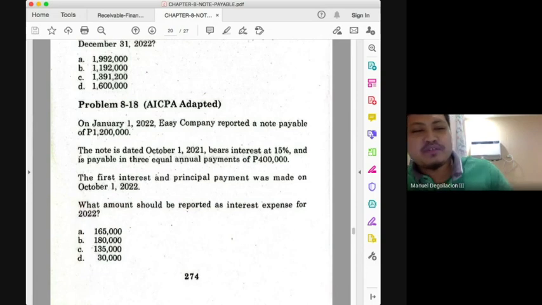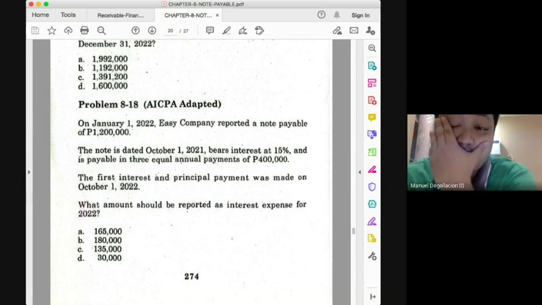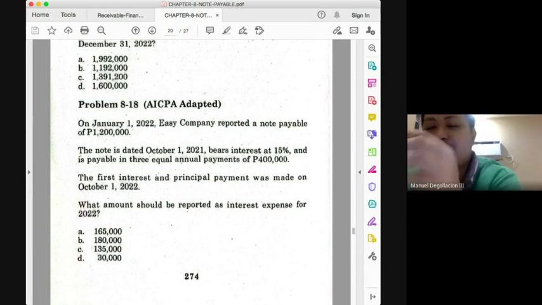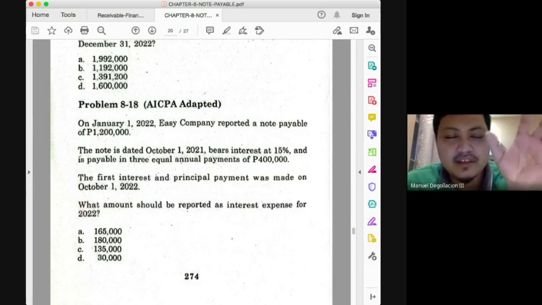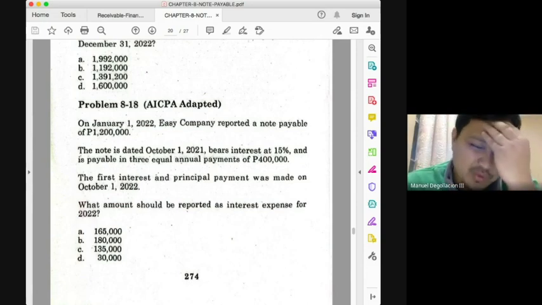But since the question is for the entirety of 2022, we will now have to determine how much interest was incurred for October, November and December. So let's start with the 1,200,000 first. The 1,200,000 times 15%, but only for 9 months, times 9 over 12 will give us 135,000. That is our interest expense from January 1, 2022 to October 1, 2022.